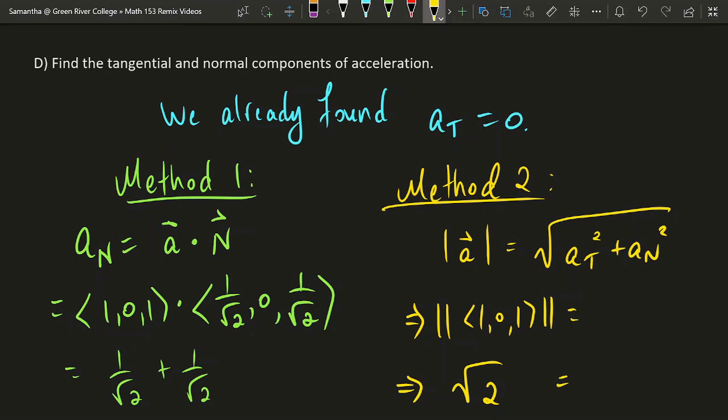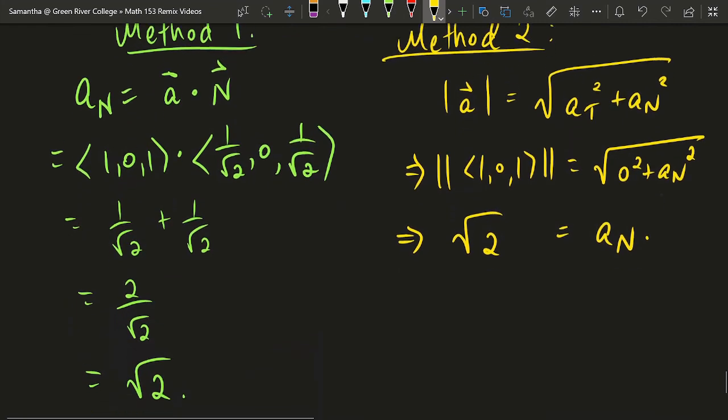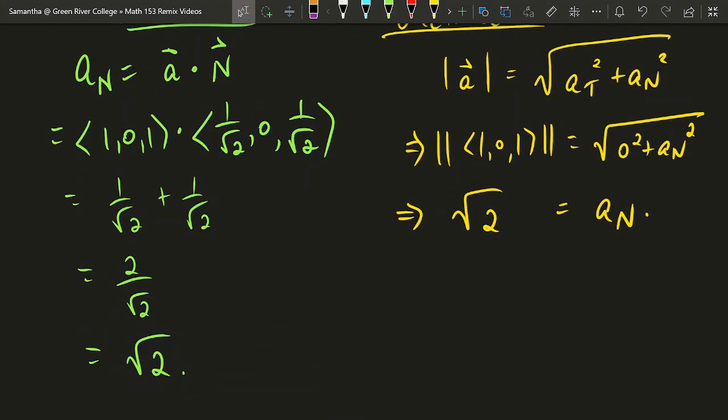On the far side of the equation, a sub t we found was 0, and so after some simplification, the quantity on the right side would simplify just to a sub n. So this would be an alternative way, using another one of our properties, to find that the normal component of acceleration is square root 2.